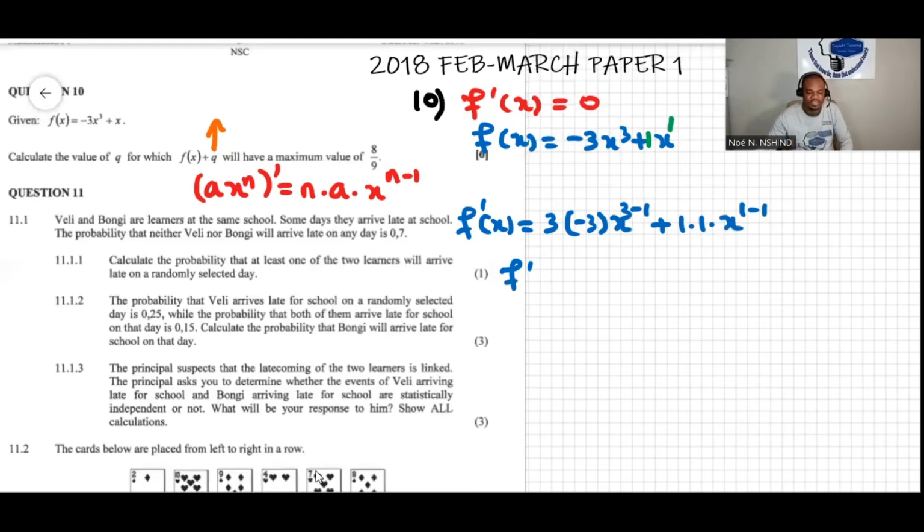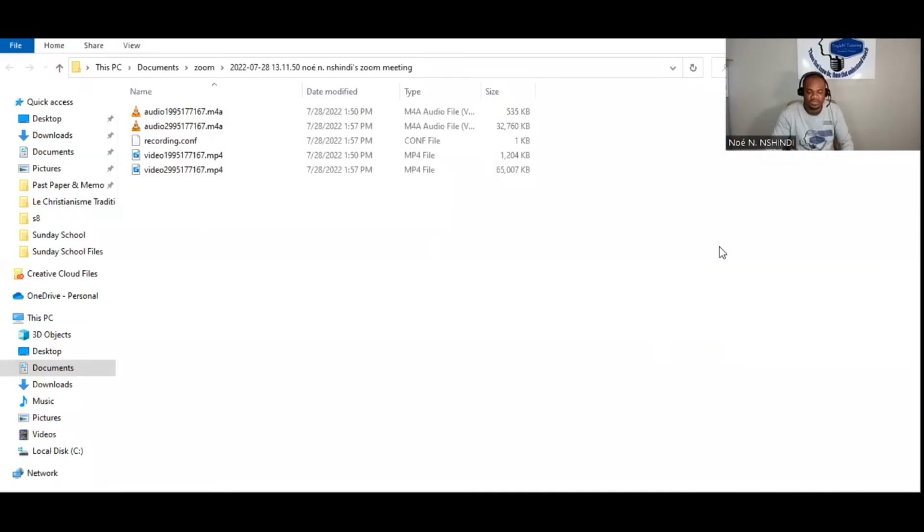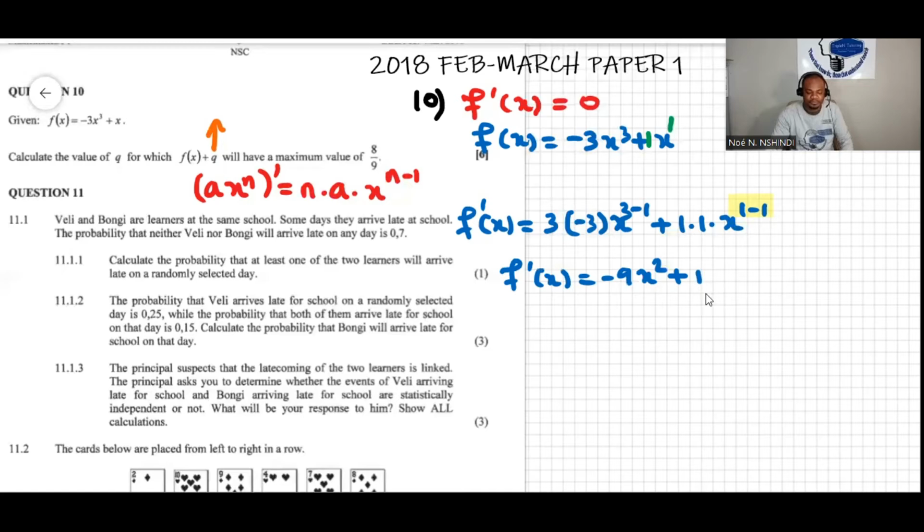That makes f prime of x equal to negative 9x² plus 1, because 1 times 1 is 1, and 1 minus 1 is 0, and x to the power of 0 is also 1, so 1 times 1 times 1 makes 1.